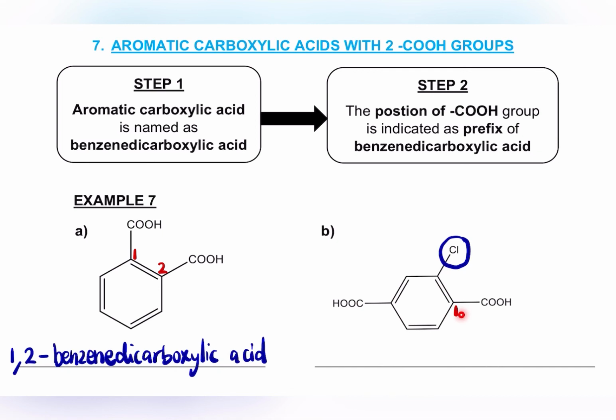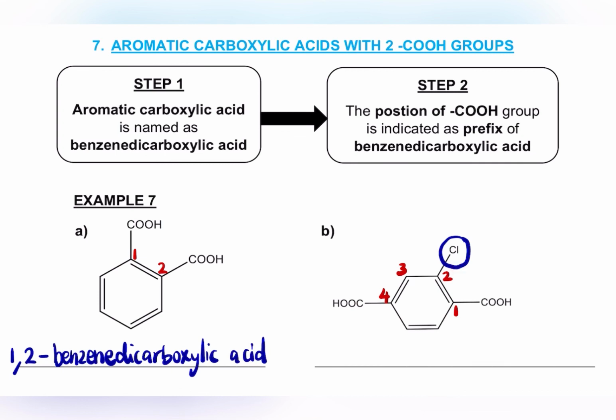But if I start here, Cl will be at position carbon number 2. So that's why I choose from here. So you go anti-clockwise, you will have at position carbon number 1 and 4, 2 carboxyl groups, each of them. And then at position carbon number 2, your substituent chloro.